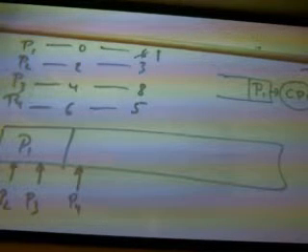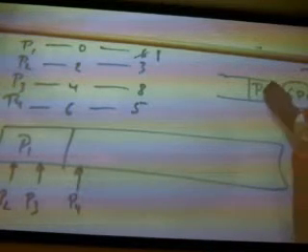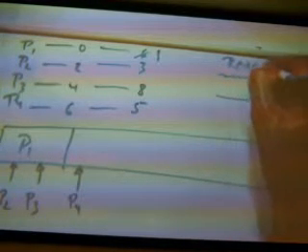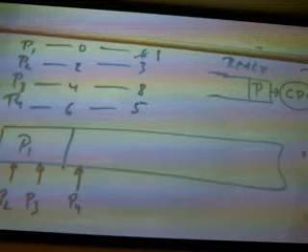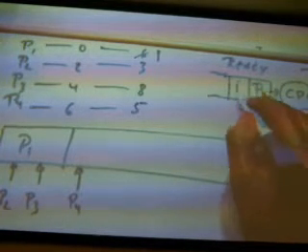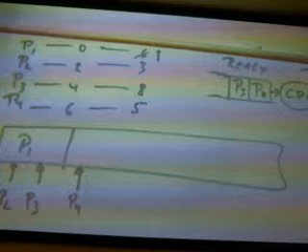And then P1 gets the CPU, which means it's not in the ready state. Remember that the queue represents the ready state. Then, while P1 is running, P2 arrives, and then P3. And still, P1 is running.